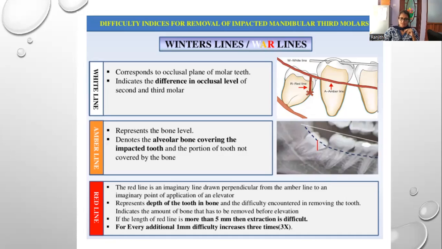So that represents the depth of the tooth in the bone and how much bone you might need to remove before you remove this tooth out. So if the red line is more than 5 millimeters, then the extraction is considered as difficult. With every increase in 1 millimeter above 5 millimeters, the difficulty index increases by 3 times.